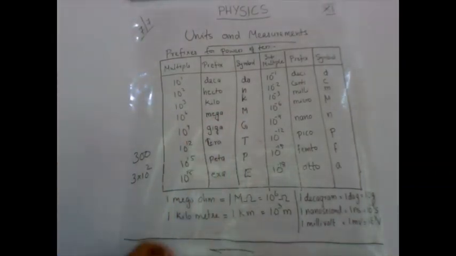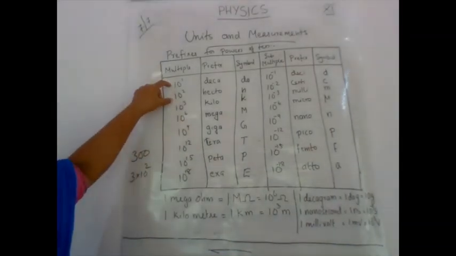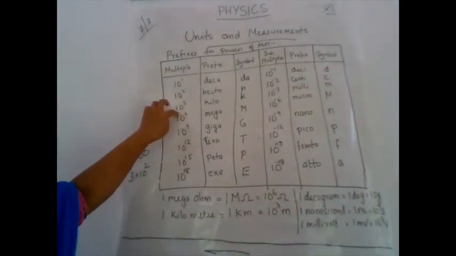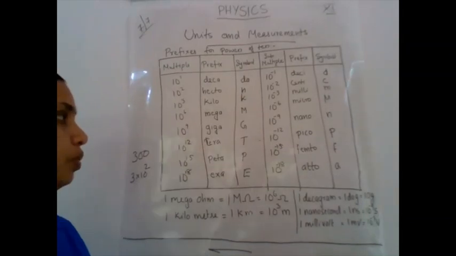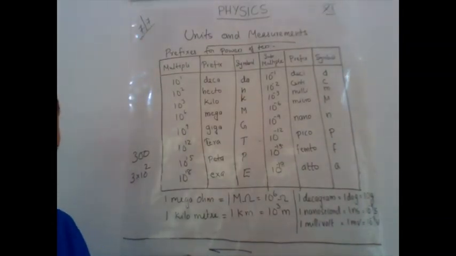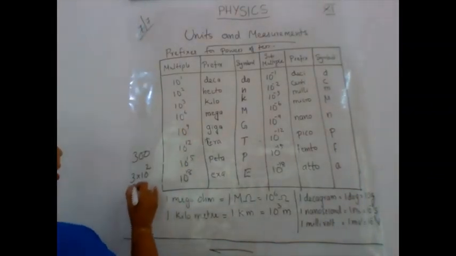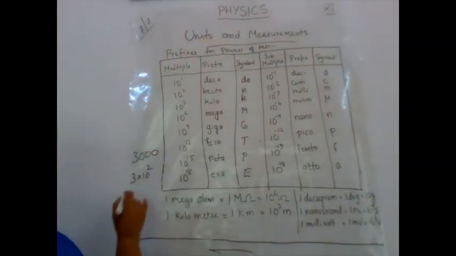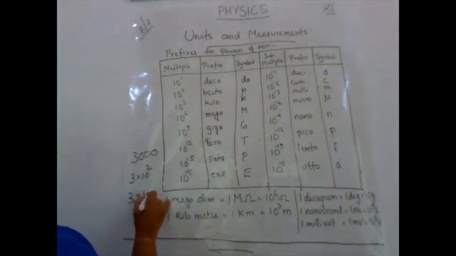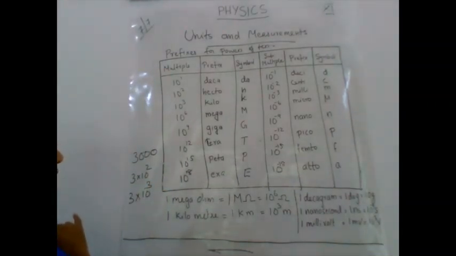We use this, unlike the other two which are not that common. But the third one, 10 raised to 3, kilo, kilogram, kilometer, all these things we are using. So if it is 3000, we write it as 3 into 10 raised to 3.